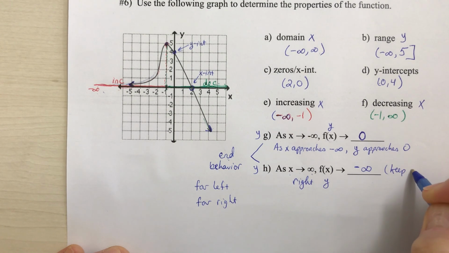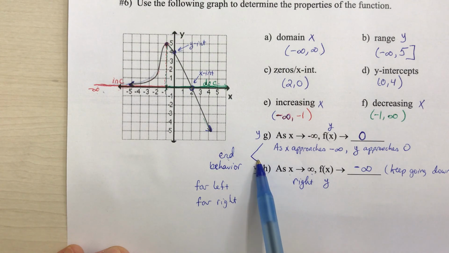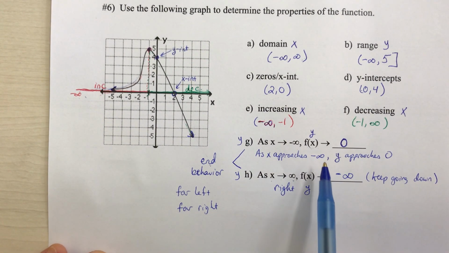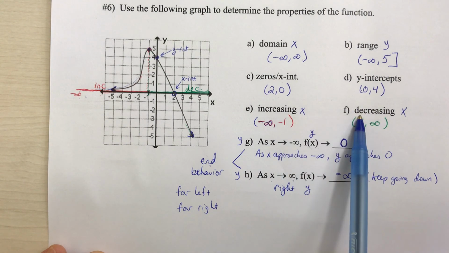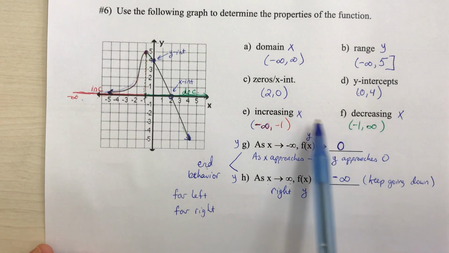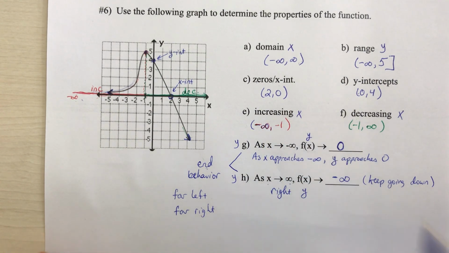That just means we keep going down. So the end behavior is talking about what happens to your y values at the ends. The increasing, decreasing, constant is what are the x values where we're going up, going down, or staying constant. And that is the end of the notes.